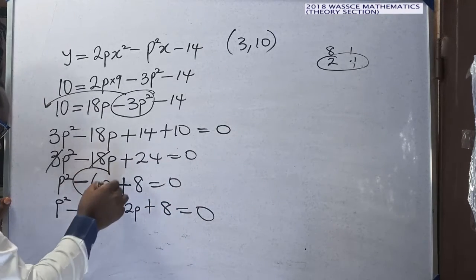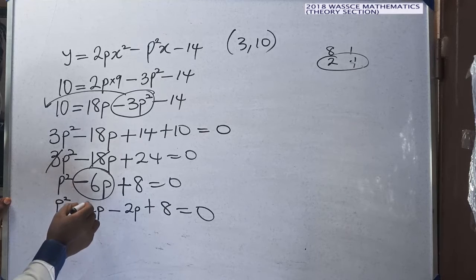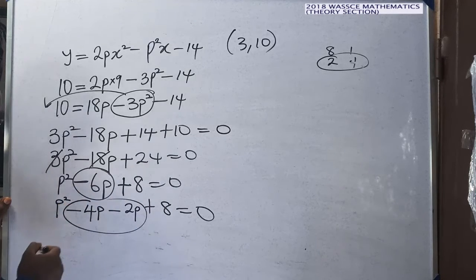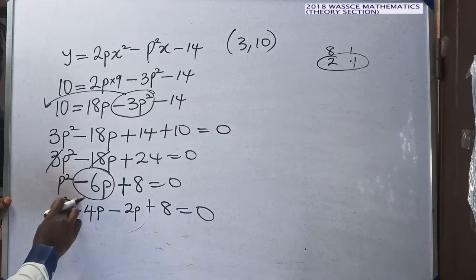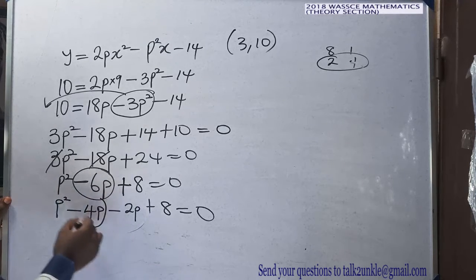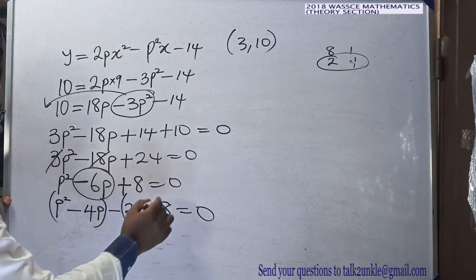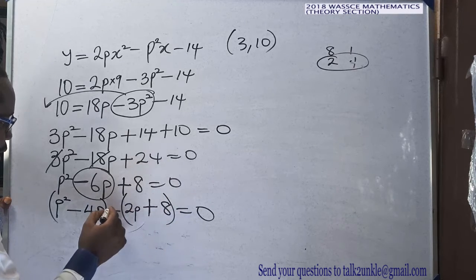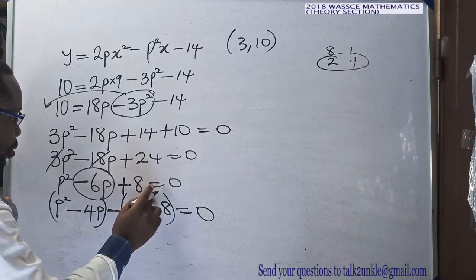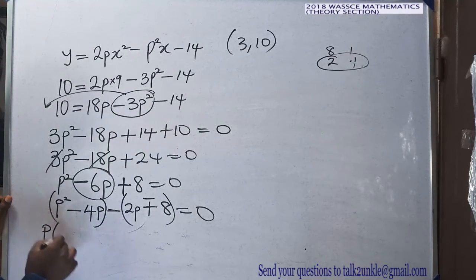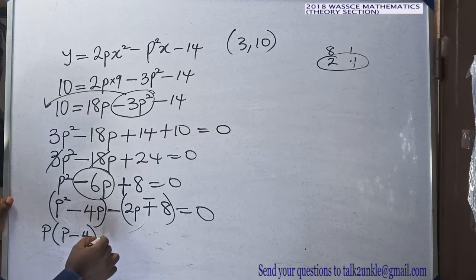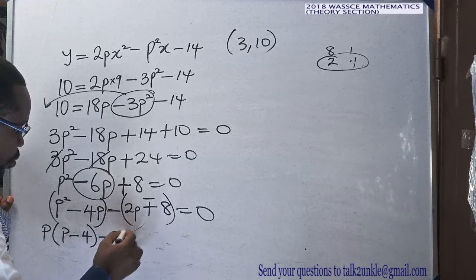Notice that I replaced this minus 6p with this. So in that case, I can now put my brackets, and this negative sign changes this one to the opposite, which is negative now. So I can bring p out, factorizing now. We have p minus 4 minus, what is common is 2, bring it out.